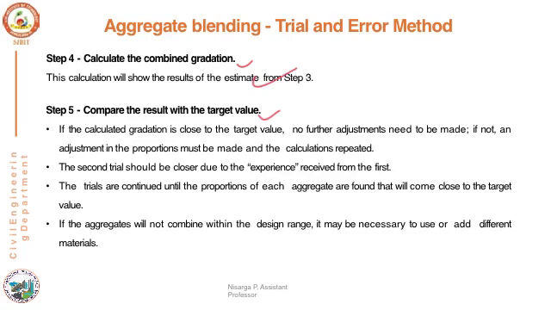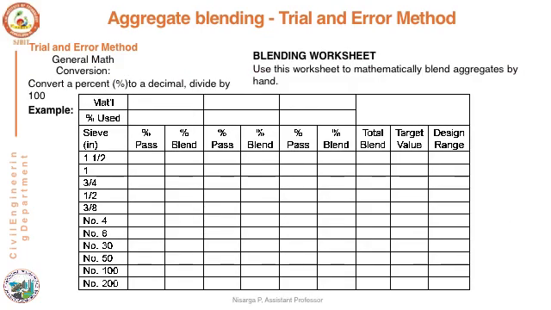We will take up one example and work out how aggregate blending can be done using the trial and error method. Before moving to the example, let us see some of the requirements of aggregate blending using the trial and error method.